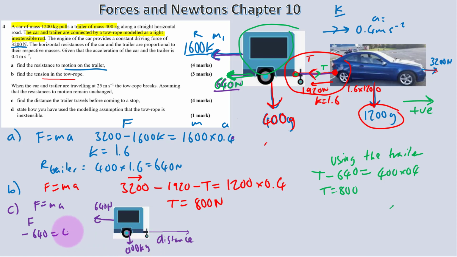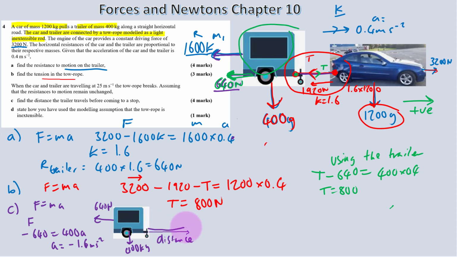We just use the 400 because we're not going to use gravity here, since we're talking about horizontal motion. So that's 400a. Now you would find a equals minus 1.6 meters per second squared, because that will make sense.